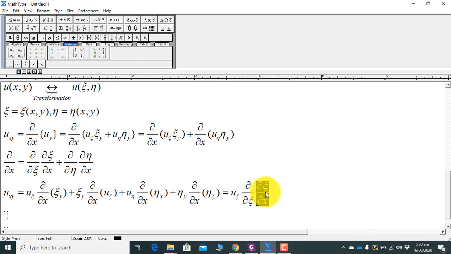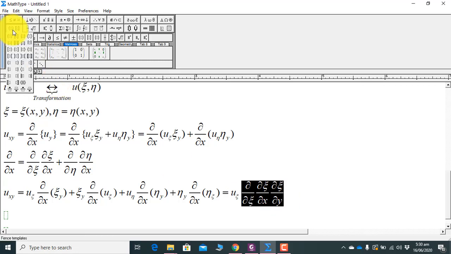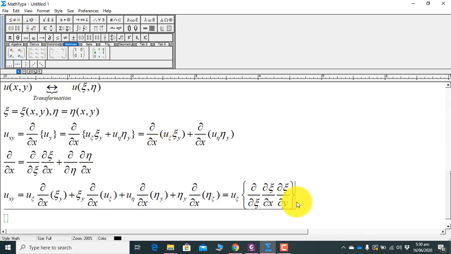I mean to say the similar thing with respect to y. I should write up the term firstly. So again distribute this, let's make a bracket because u_xi is common for all. Yes, now it's better.